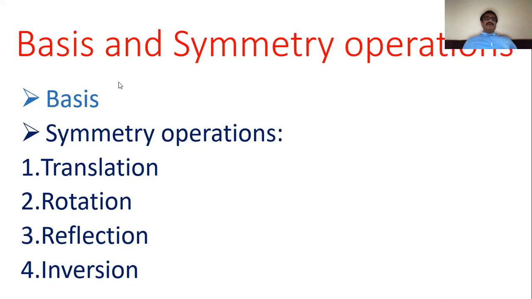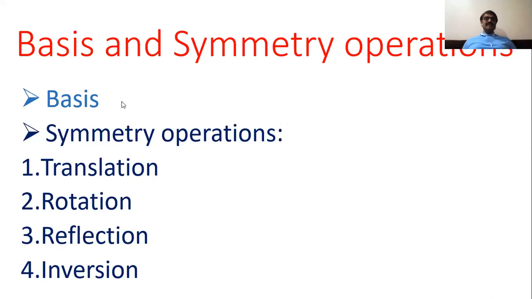Okay, now today we will deal with basis and symmetry operations. Okay, what is basis? What are symmetry operations? Basically, we will deal with four types of symmetry operations, and those are translation, rotation, reflection, and inversion.